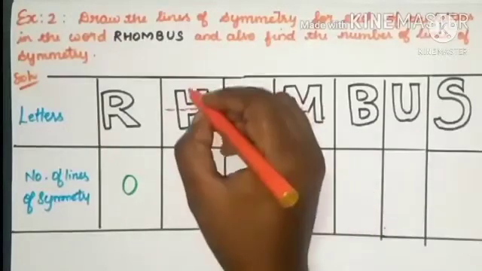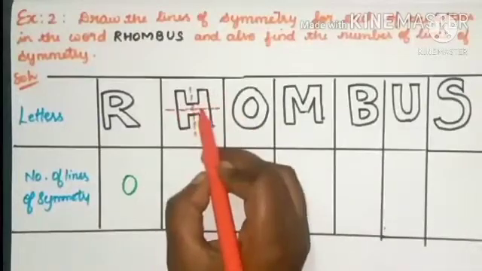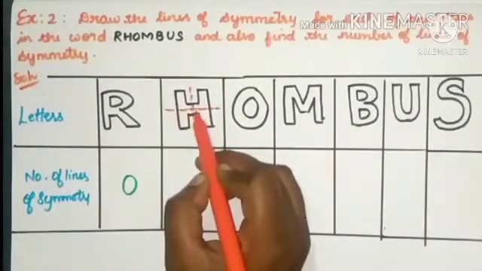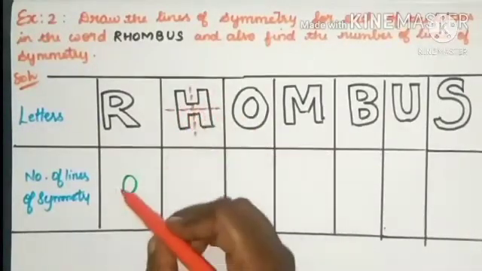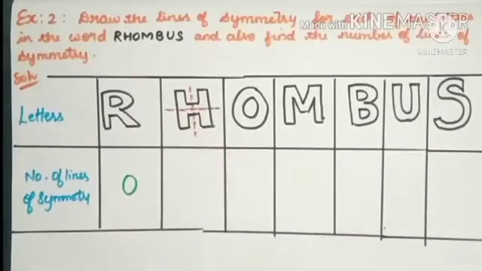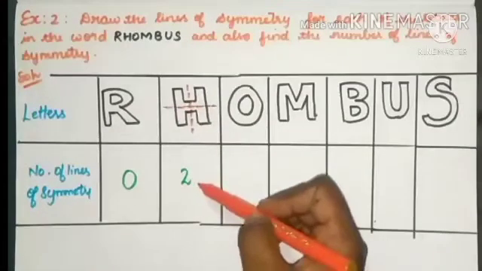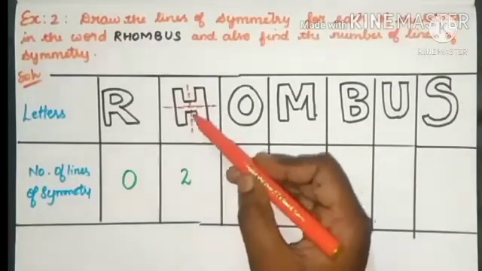And again, if we cut it along the vertical line, then also it divides into two equal parts. So, the number of lines of symmetry for the letter H is 2. Therefore, there are 2 lines of symmetry for the letter H.